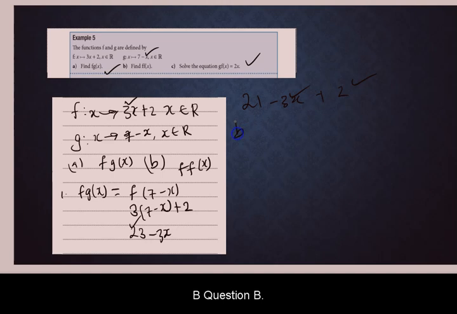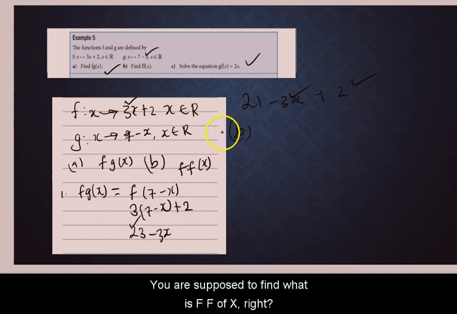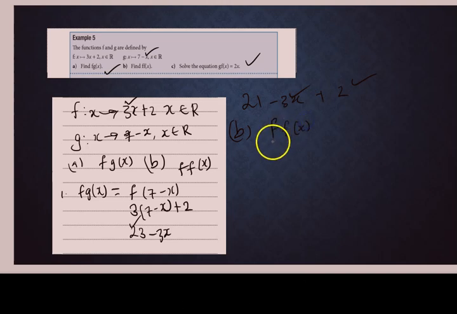Question B, you are supposed to find what is f of x. First of all, f of f of x is simply 3 into 3x plus 2.